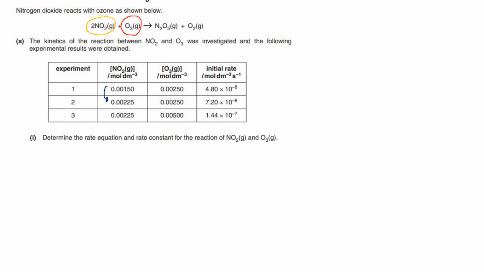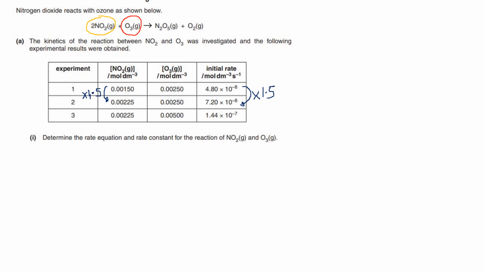However, the concentration of the NO2 has gone from 0.00150 to 0.00225, and that means it's gone up by 1.5 times. And if you look at the rate, it's gone from 4.8 times 10 to the minus 8 to 7.2 times 10 to the minus 8. So that is also times 1.5.